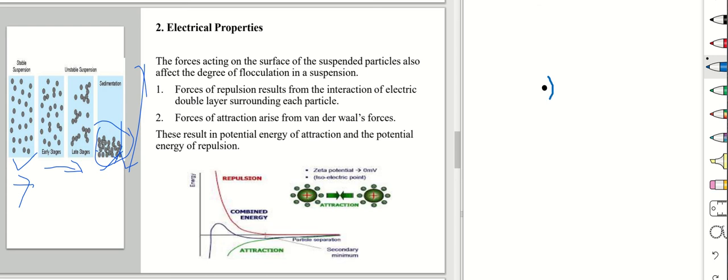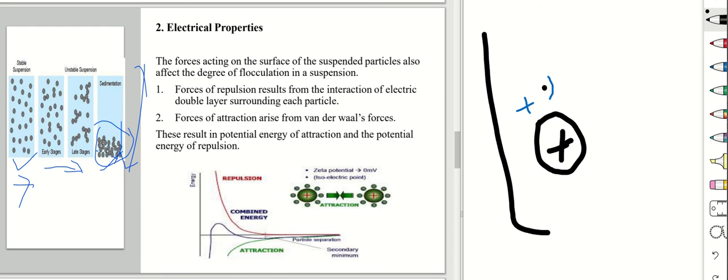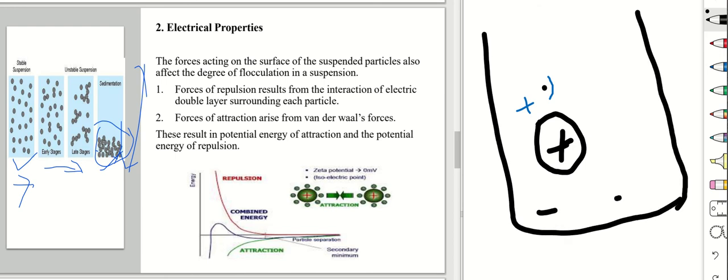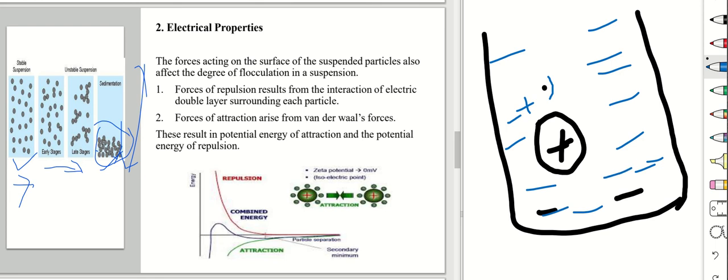Now for example, if the considered drug particle is positively charged, let me consider a positively charged drug particle in a beaker having dispersion medium. Now what can we expect?